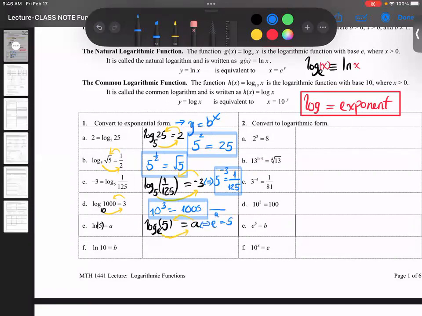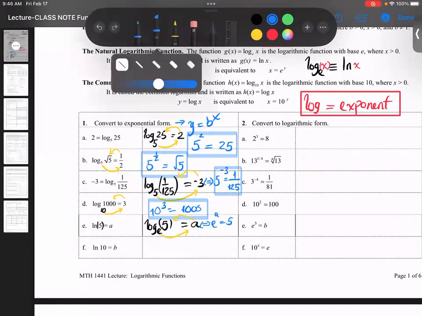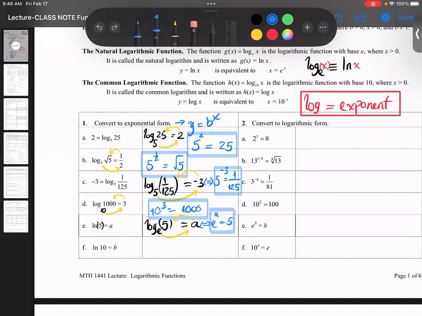There's no way we can check this because those are letters, but we know it's right. Remember, log equals exponents, right? A is the exponent, so it should be in the exponent position. And e is the base. So we got it right.